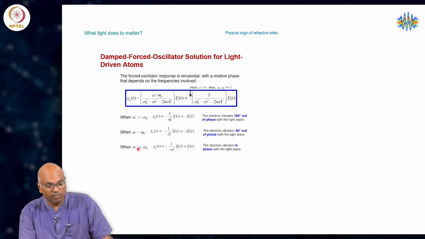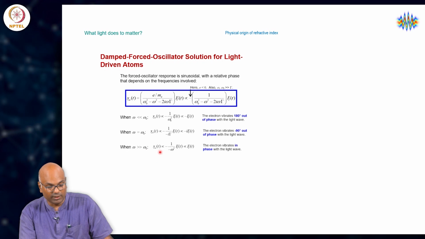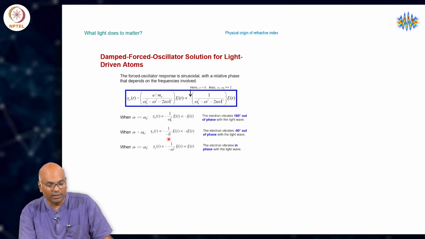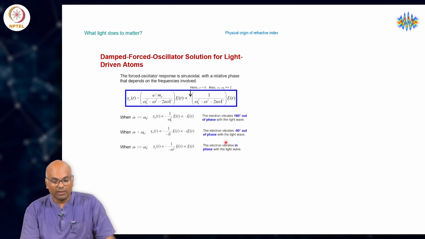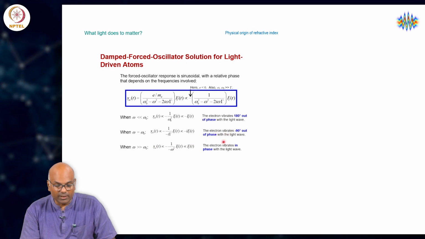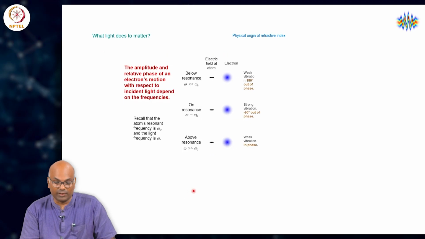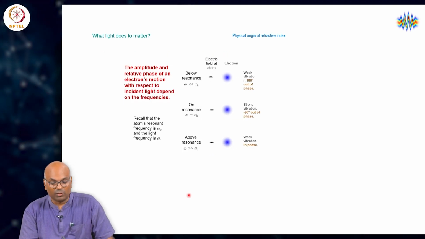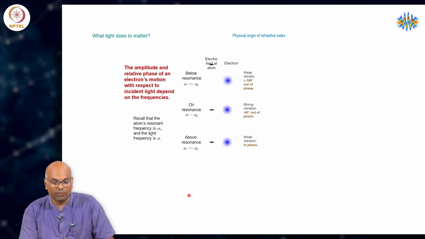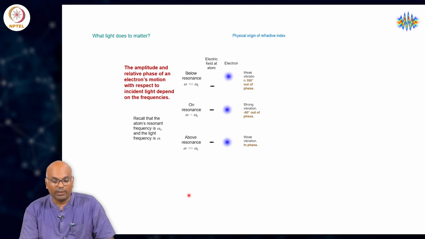When omega is much greater than omega naught, the two are in phase, and when they are at resonance, the electron cloud vibrates minus 90 degrees, or minus pi over 2, out of phase. This was an important lesson, and a visual would look like that.